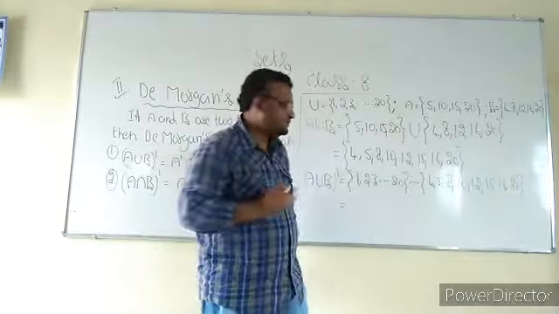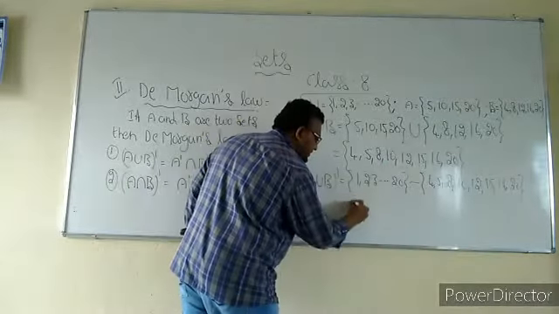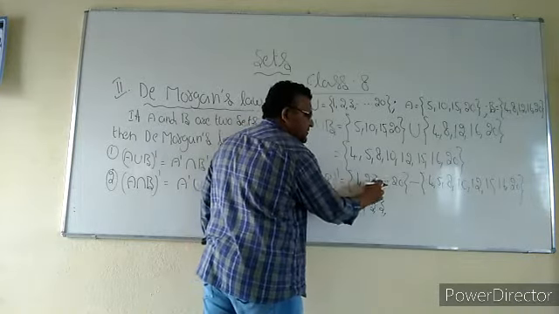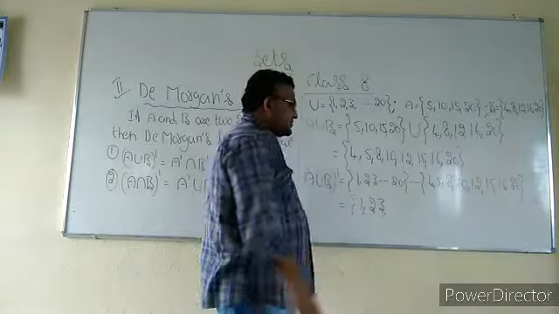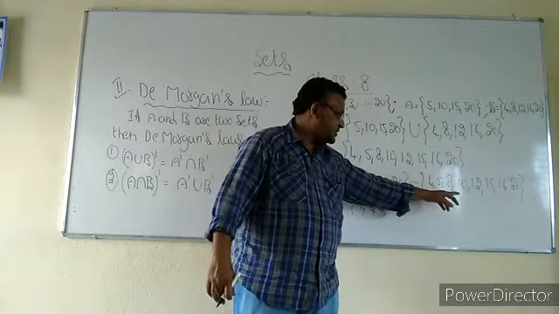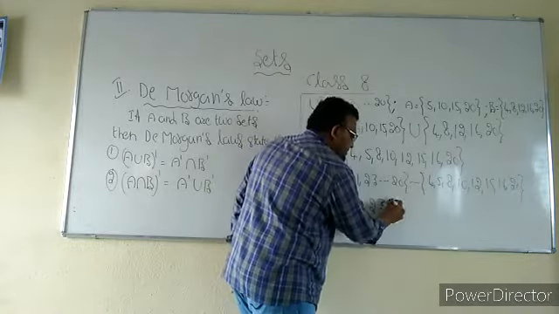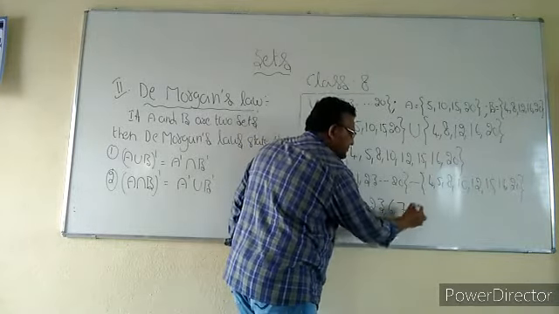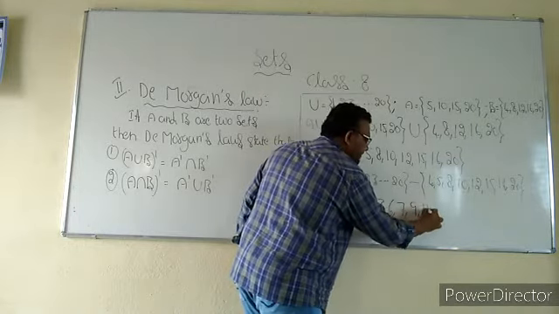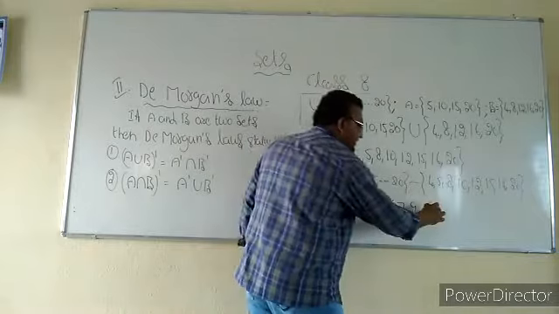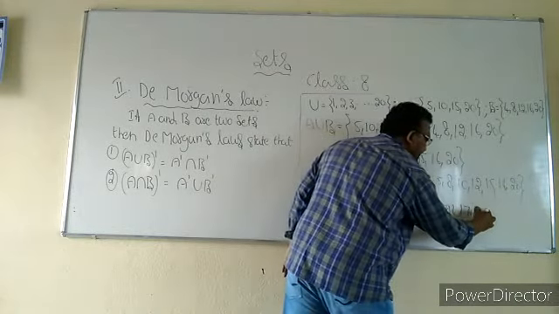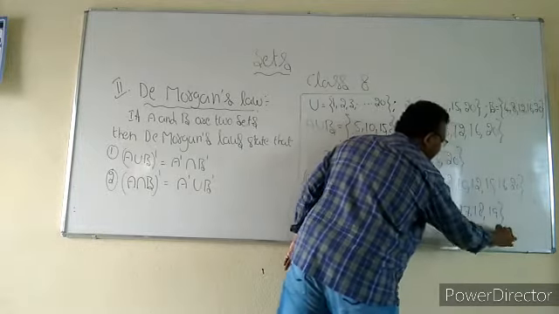That is the difference. That means 1 not there, write as it is. 2 not there, write as it is. 3 not there, write as it is. 4, just eliminate that one. 5, yes, eliminate. Next 8. 6 and 7 remain. 8, remove that one. 9. 10, remove that one. 11. 12, remove that one. 13, 14, 17, 18 and 19.